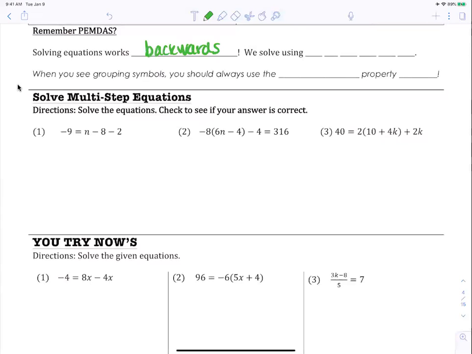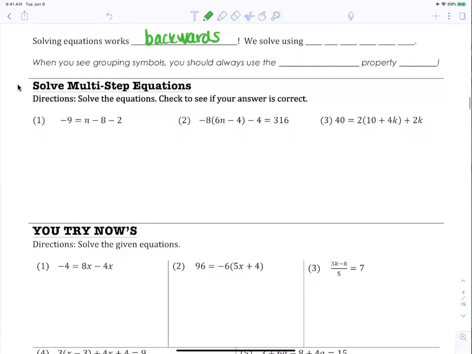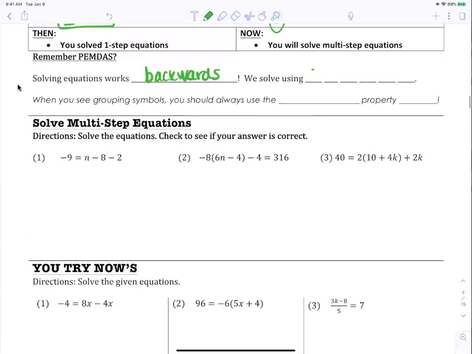We simplify using order of operations, right? So when we undo and solve equations, we have to undo those steps in pretty specific ways. So think about it, if we simplify using PEMDAS, we solve using SADMEP. So we reverse the process.